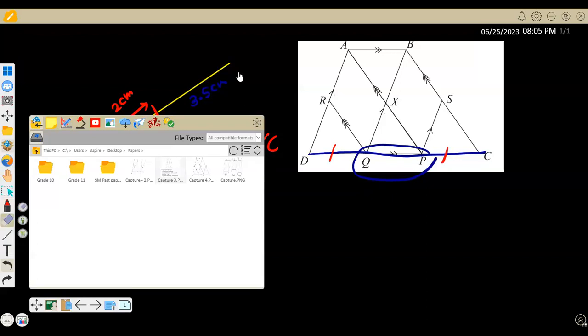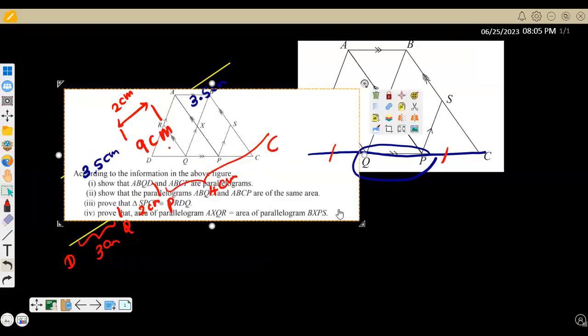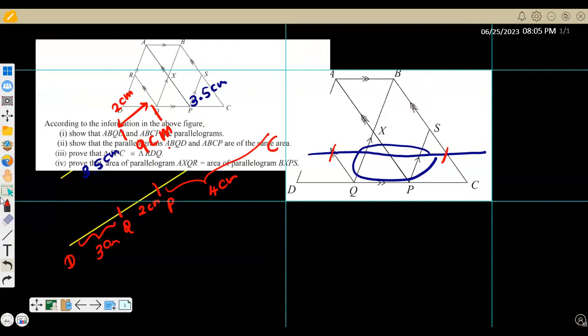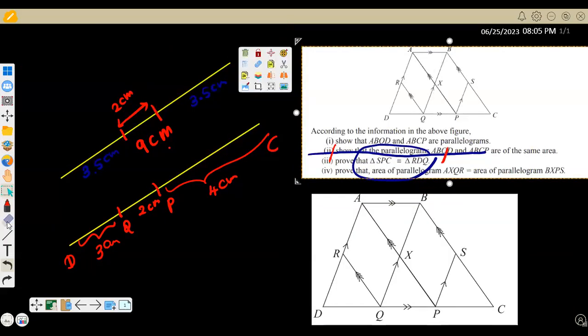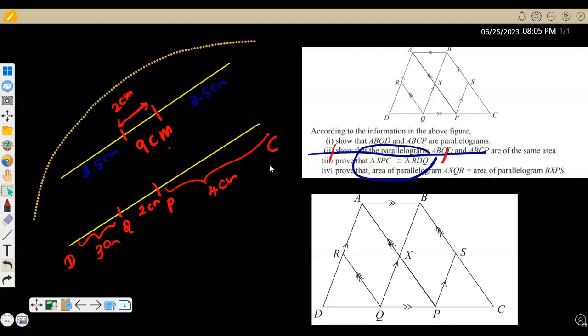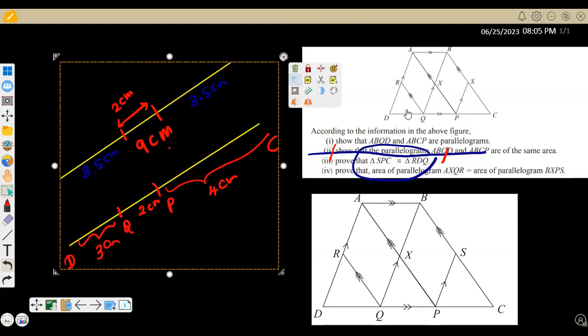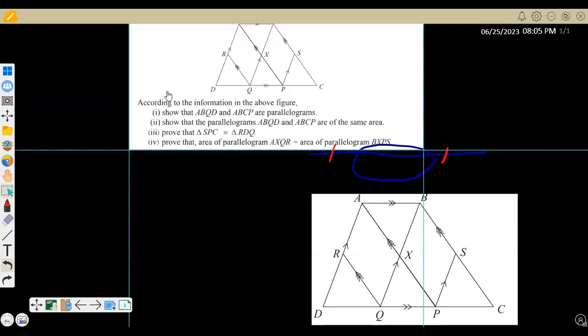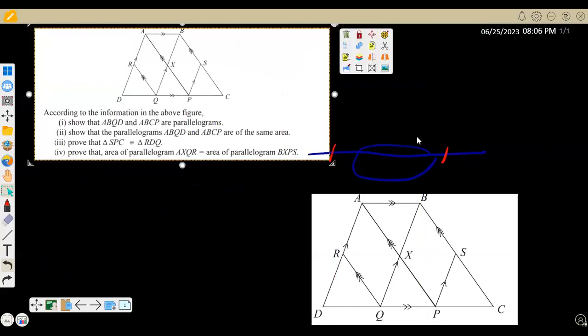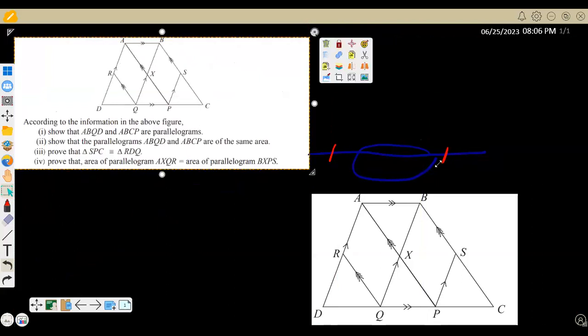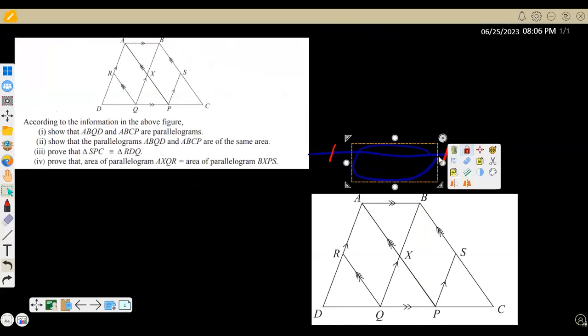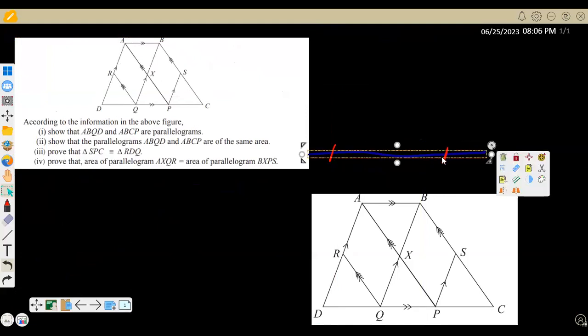We have to show that, prove that area of the parallelogram AXQR equal to the area of triangle BXP. Okay. හරි බලන්න හොඳට.